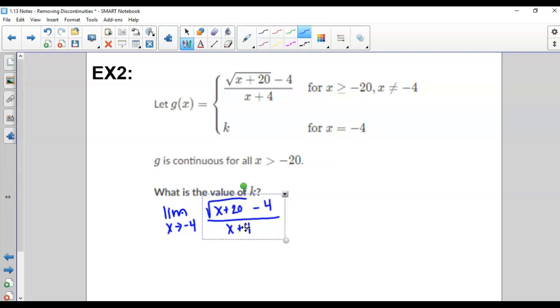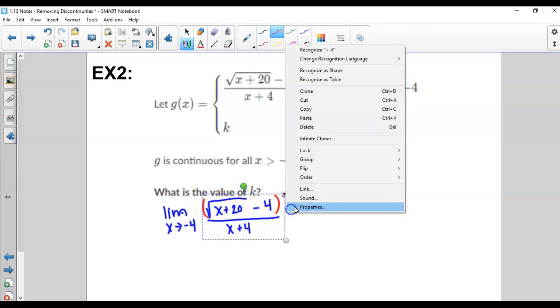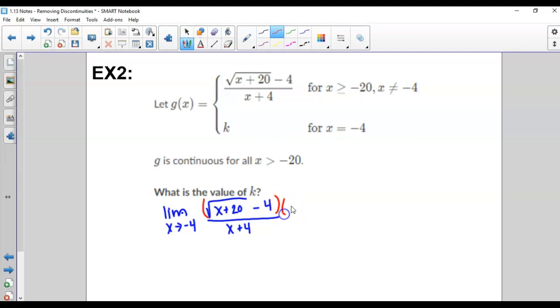And Wendy, what are we going to have to do to solve that? Yes, so we will have the conjugate of our square root expression, so the square root of x plus 20 plus 4 on top, and the square root of x plus 20 plus 4 on the bottom as well.